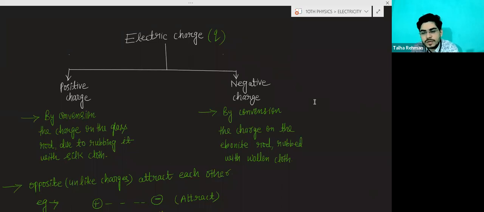I am not going into the history of how they found out that there is charge. We have to stick to our syllabus. I have given one example also of the comb and the tiny pieces of paper. So you can relate from that example.